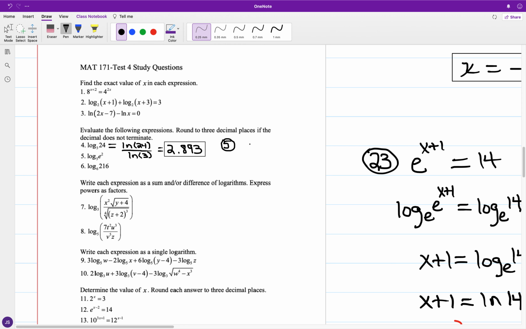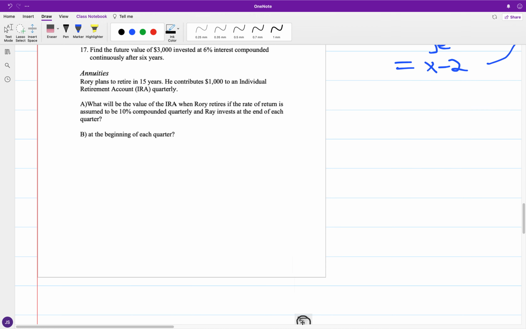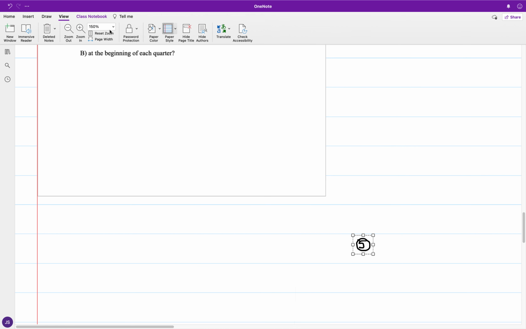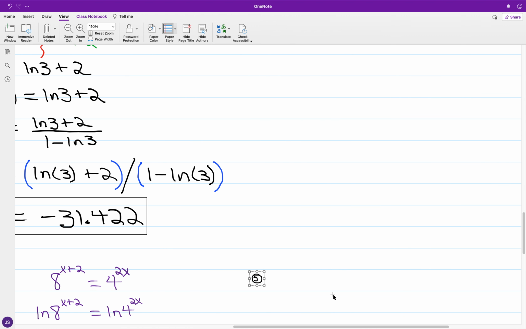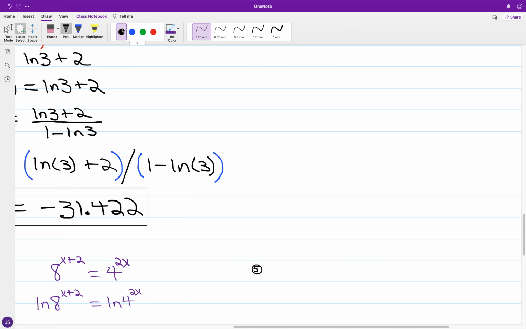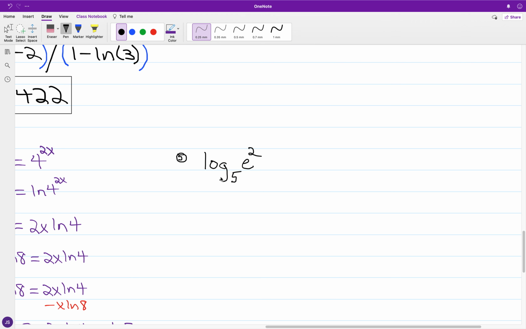I'll bring this on over, and I'll show you a couple of ways of going about this. Now we don't have a match between the exponential and the logarithmic bases.